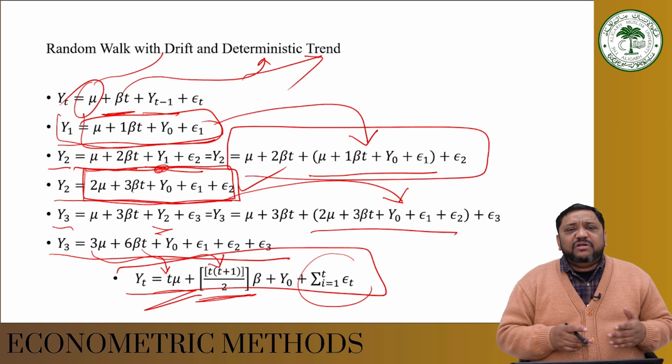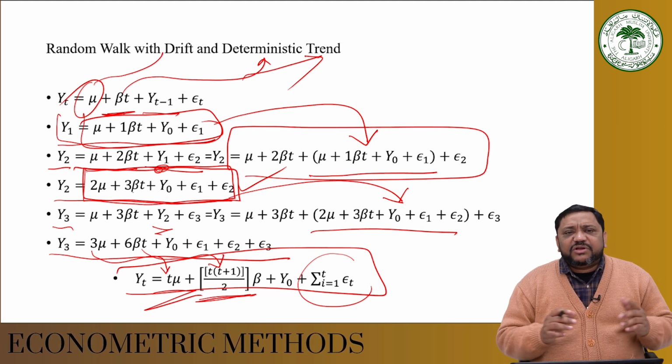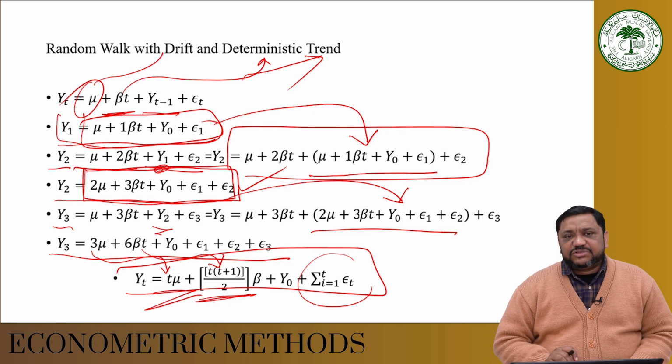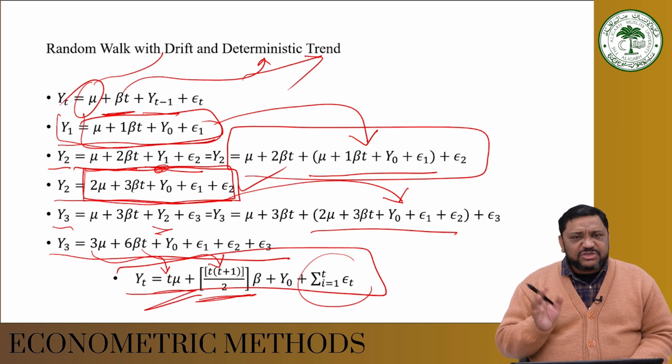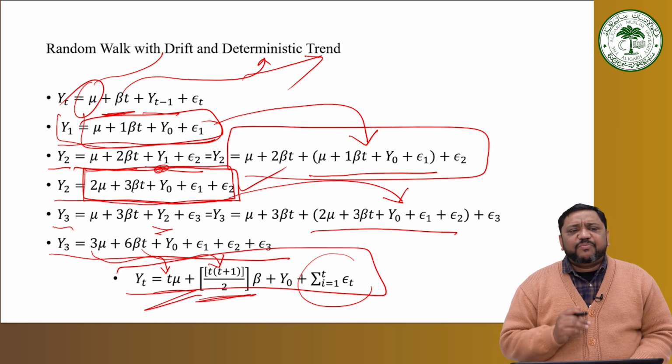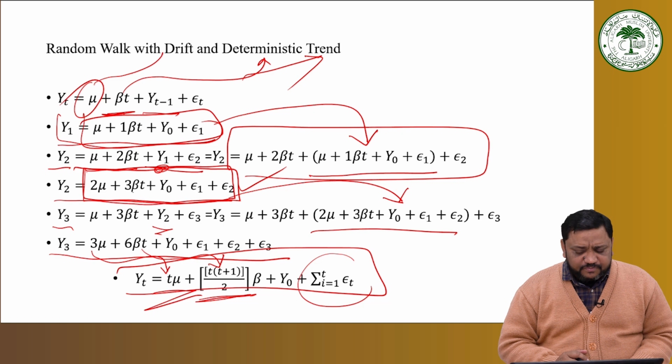So this is not a stationary process, the mean is not constant. Mean 0 is a special case, we are not talking about that, but our mean is not constant. If our mean is not constant, then our process is not stationary.